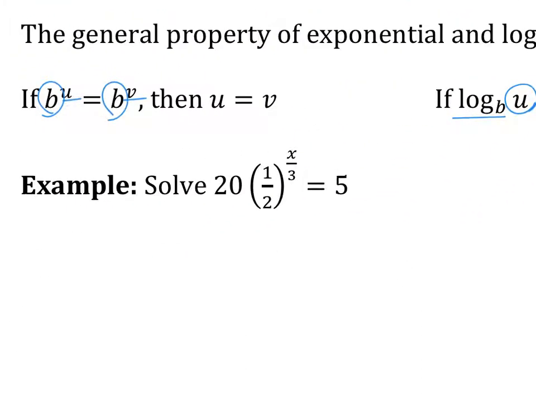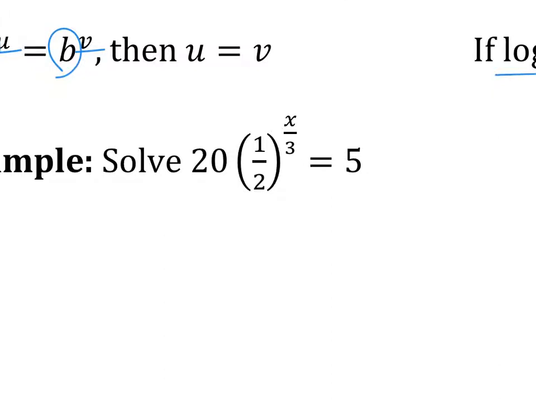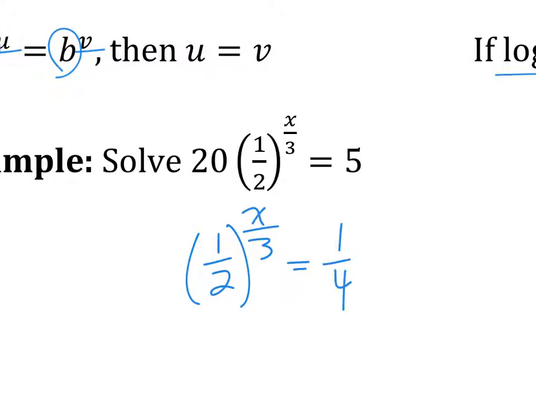So let's kind of think about this. What does your math sense tell you need to do first to solve this? Divide by 20. All right. What do we do next to solve this?